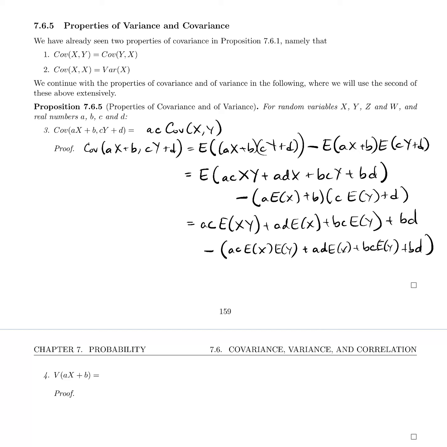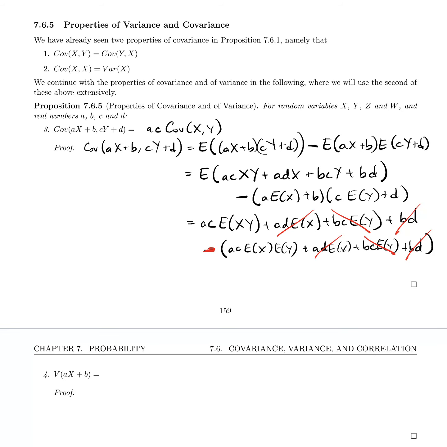So we can see that a lot of these terms are identical. Since I have a minus in front, this ad expected value of X will cancel with this, bc expected value of Y will cancel with this, and bd will cancel with bd. So what do we have?